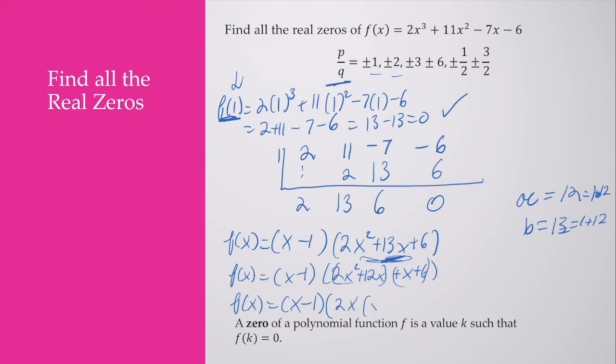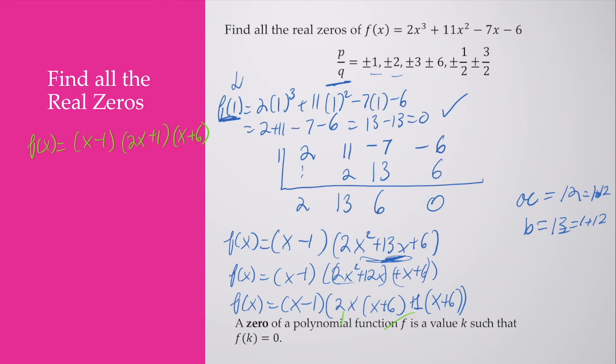So I have 2x times x plus 6. The greatest common factor of x and 6 is 1 times x plus 6. So my final polynomial, I'm going to rewrite it in green up here, would be f of x is x minus 1, collect the greatest common factors, so 2x plus 1 times x plus 6.